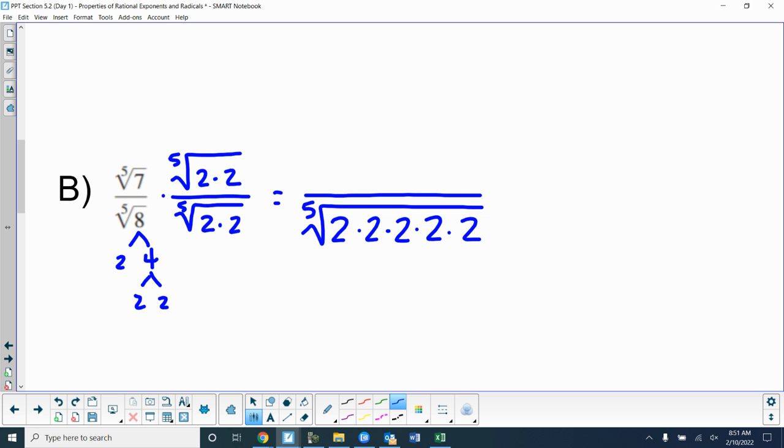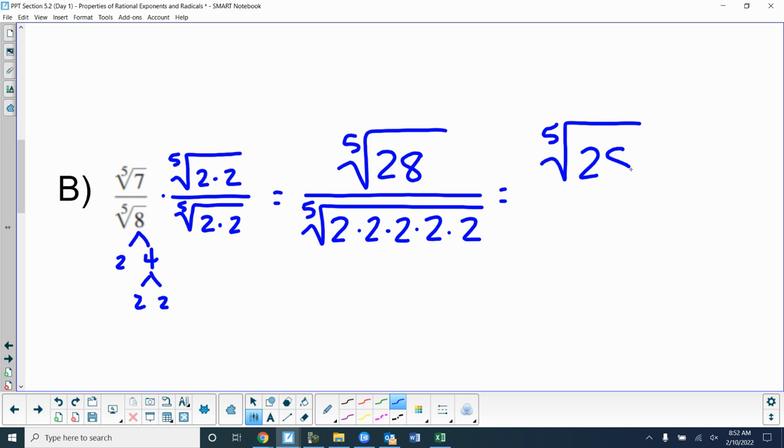So you need that number of the same, you need 5 of the same thing. Okay? Now, that's a 4. So what's 7 times 4? 28. So I'm just going to make that a 28. But what's the bottom now? Since there's 5 2's and it's the 5th root.